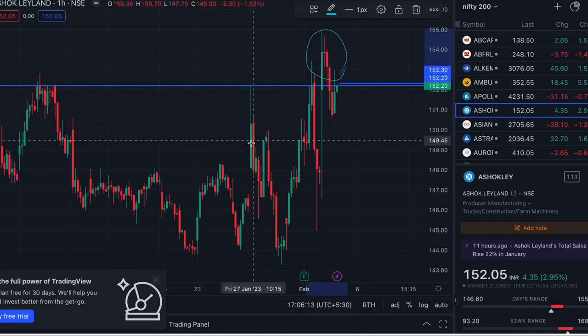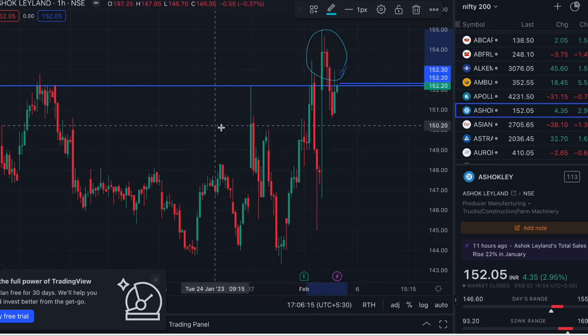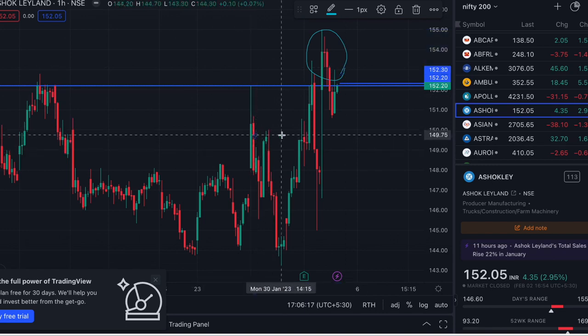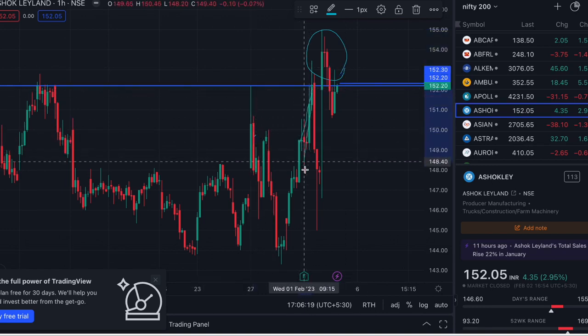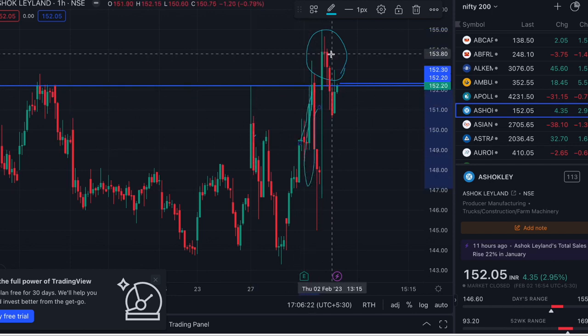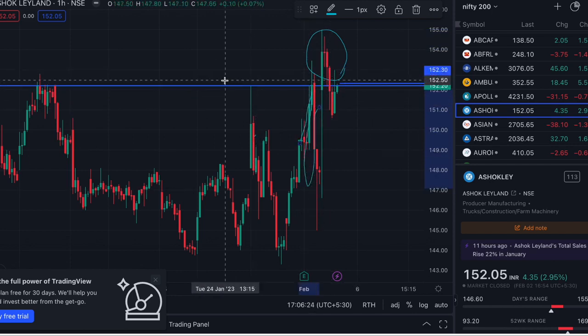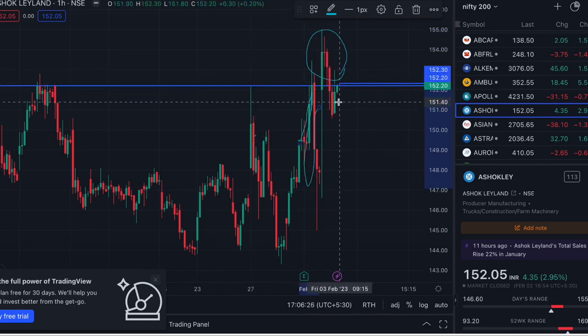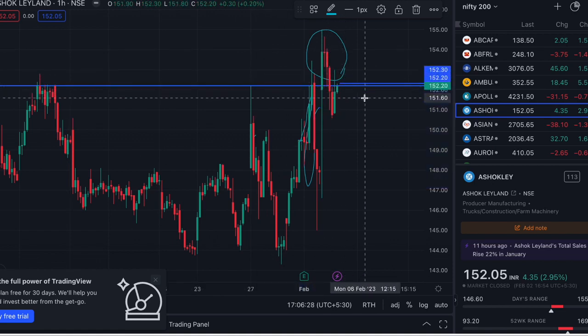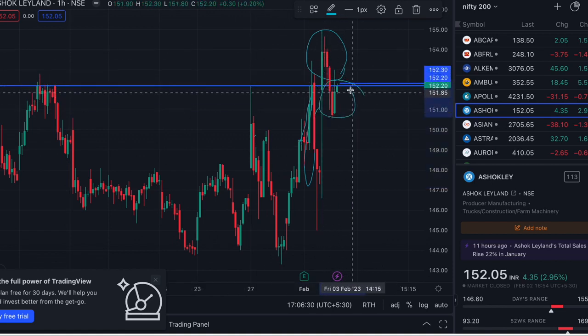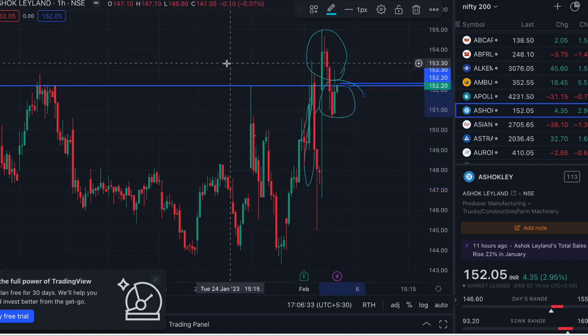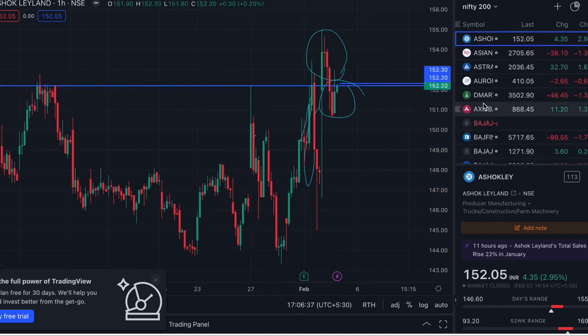Condition number two, there has to be a substantial fight. So there was a big fight right over here. Price came up, came down, and finally it crossed. But is this a level? No, not looking like a level because it could not sustain above the previous high. So we are not going to mark this as a level.